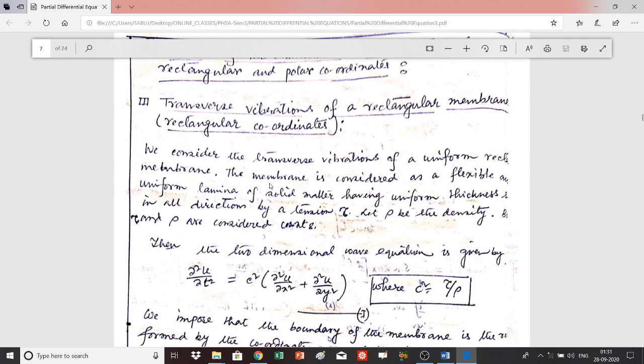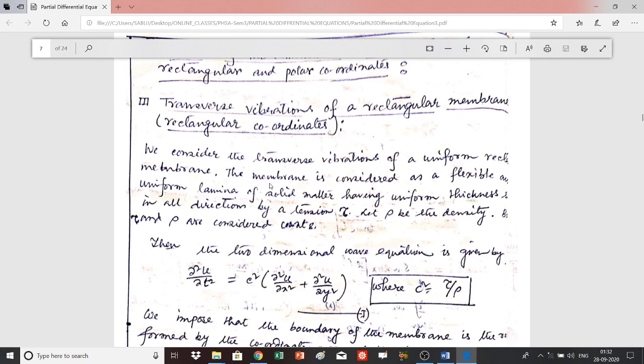The membrane is considered as a flexible and uniform lamina of solid matter having uniform thickness, stressed in all directions by a tension tau, and let rho be the density of that membrane, and both tau and rho are constant. So from here we learn what a rectangular membrane is.